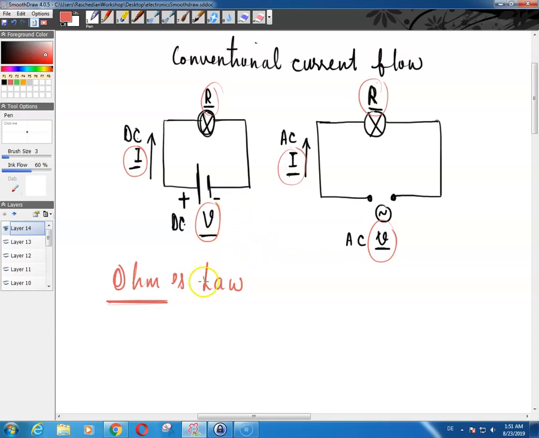Now this relationship is simply V is equal to I times R. V is equal to I times R, and what that means is that the voltage is always the product of the current times the resistance, or the product of the current and the resistance basically.